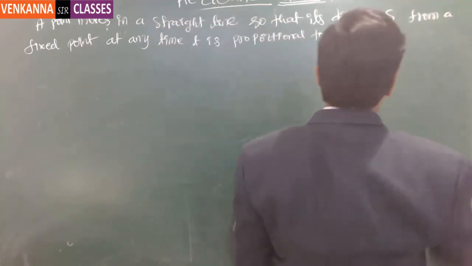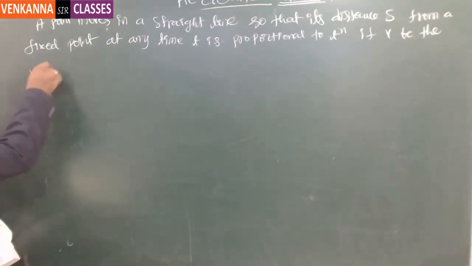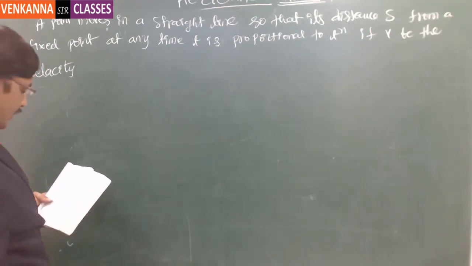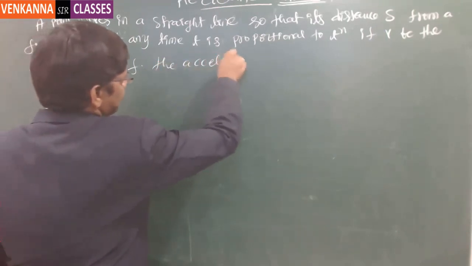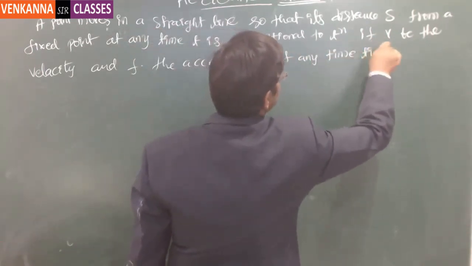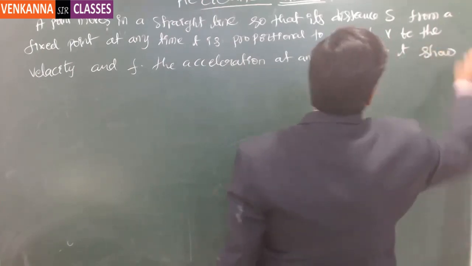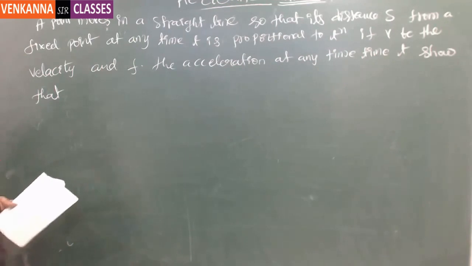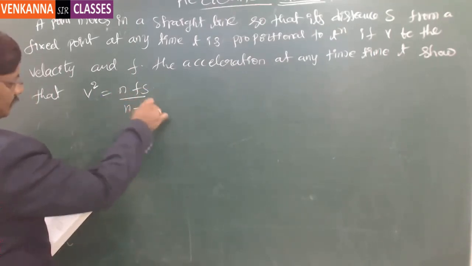If v be the velocity and f the acceleration at any time t, show that v square is equal to n f s divided by n minus 1.